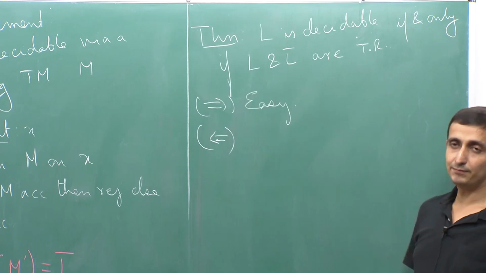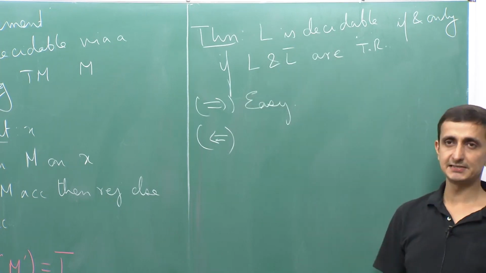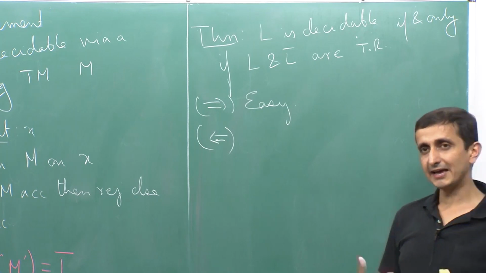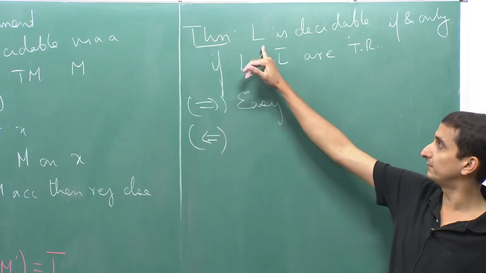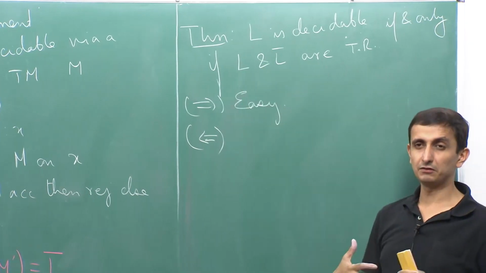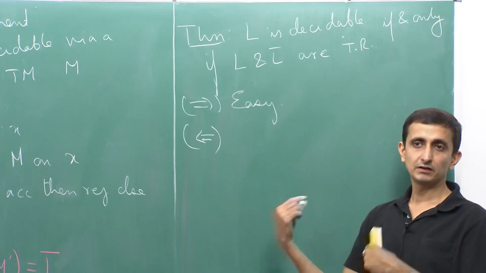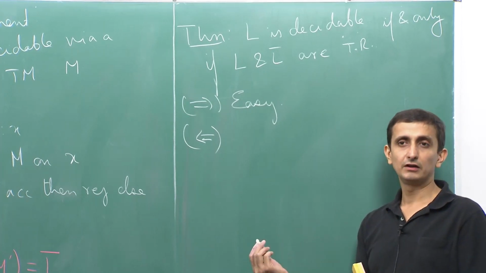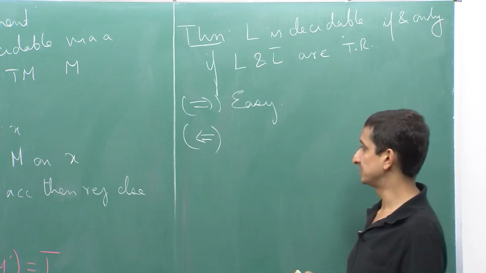Suppose L and L complement are Turing recognizable. How does that imply that L is decidable? To do this, we construct a halting Turing machine for L, along similar lines to the construction of the Turing machine for the union of two Turing recognizable languages.